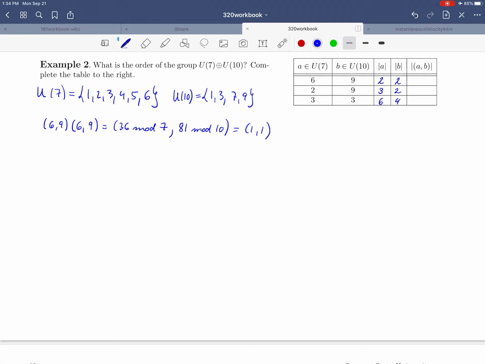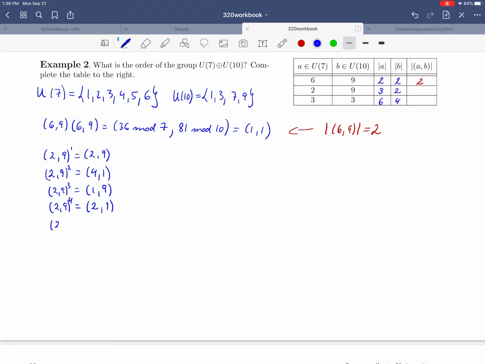If I take it to the 4th power, I get 2, 1. If I'm going to the 5th power, I have 2 times 2, that's 4 again, and 1 times 9, that is 9. Still don't have 1, 1. I'm doing this until I get 1, 1.